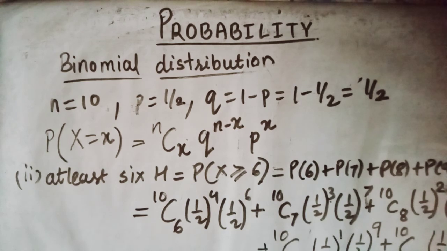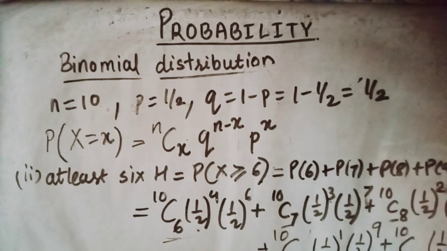Here you can take out (1/2) raised to 4 plus 6, that is 10, outside and then add up the combination terms. You have to solve for each and add up.